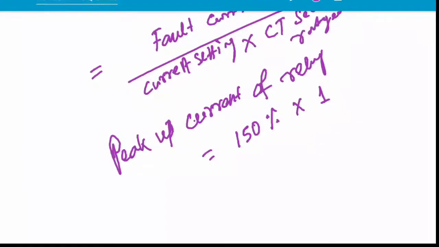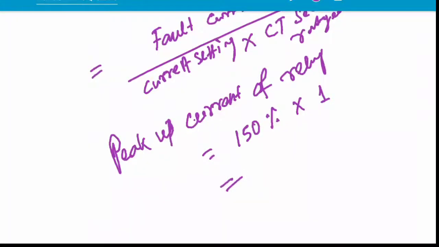This is given 200:1, so the rated secondary is 1 ampere for 200 ampere in the primary. As this is a percentage, this will be equal to 1.5 ampere. This is the pickup current for the relay.